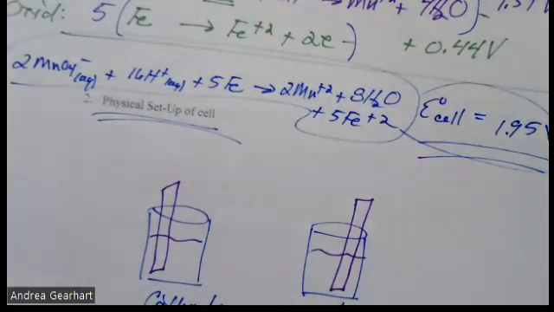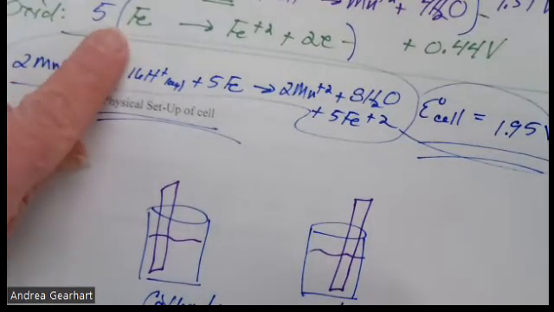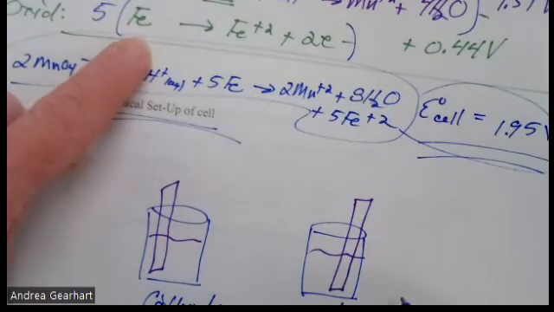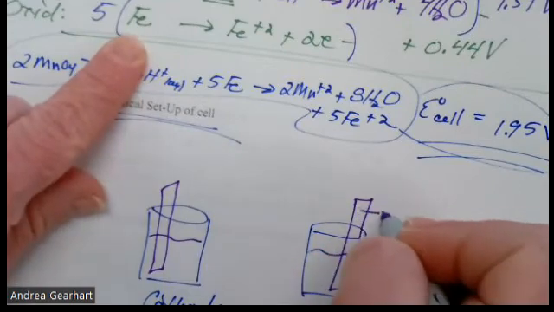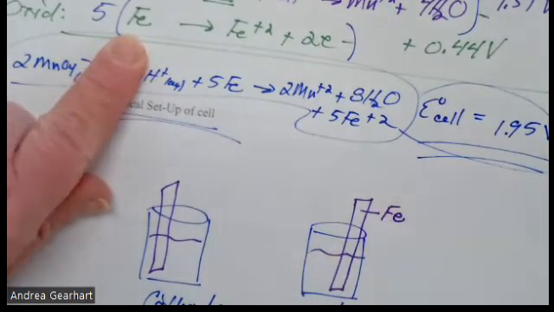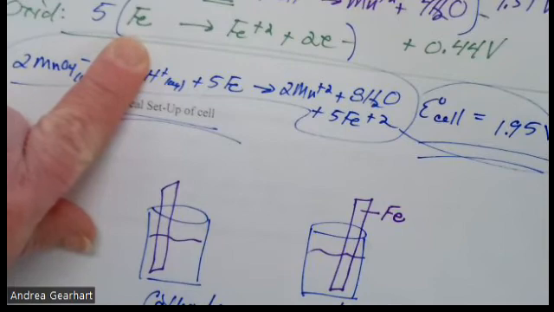So in each, we'll have the electrode. And in the anode, we have a solid, your iron. So we have to identify, and you could write Fe or put a line saying that's made of iron.